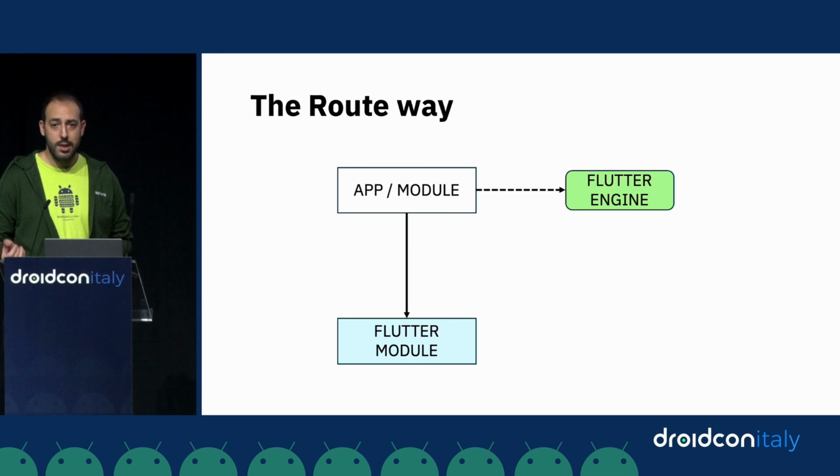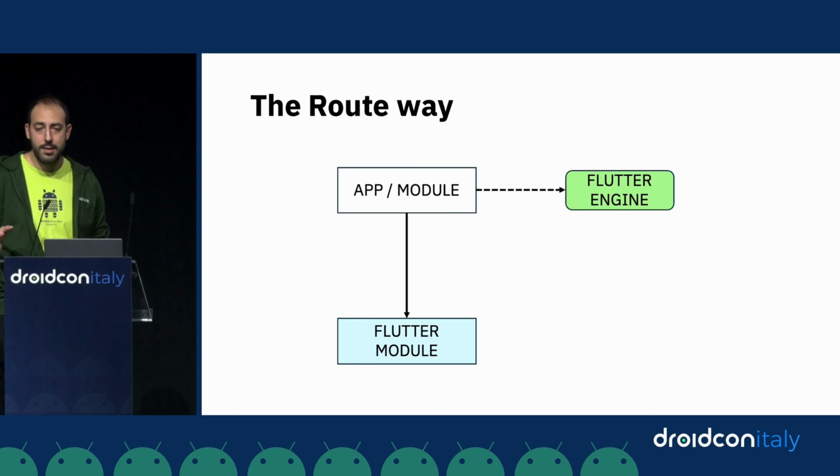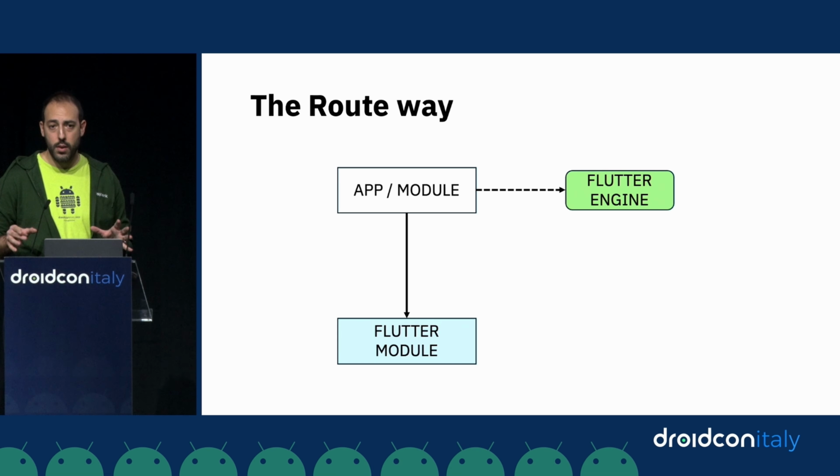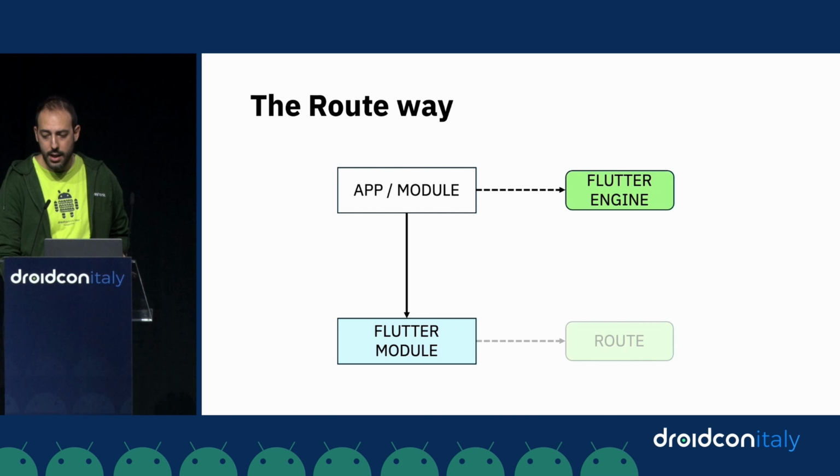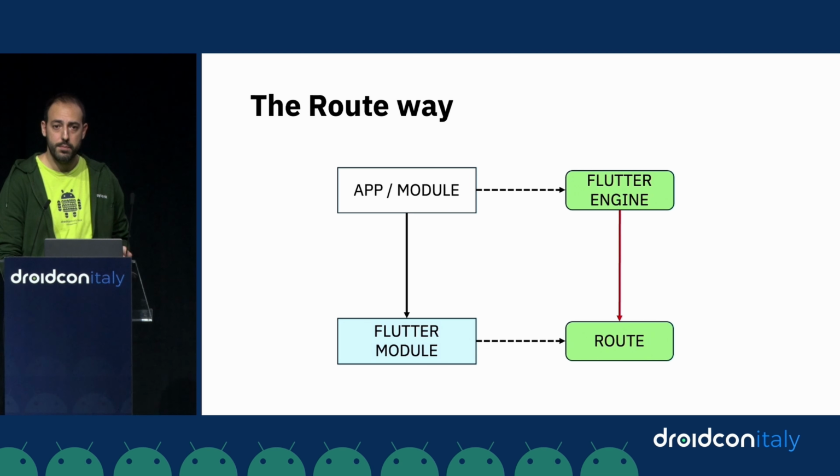Flutter Engine is coming from the Flutter framework. Flutter Engine is managing the communication, is managing the instance of the Flutter module, and we need an anchor for the Flutter module, which is the route in this case. So Flutter Engine will retrieve the route.